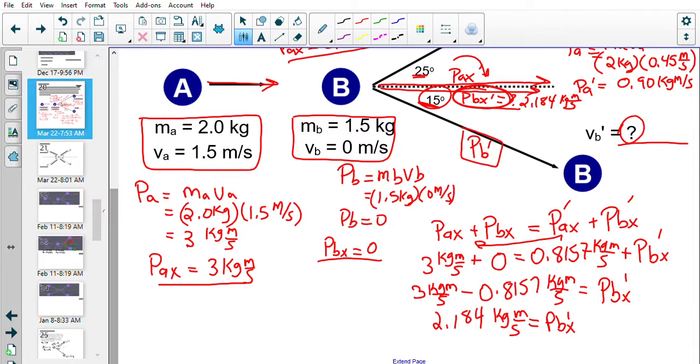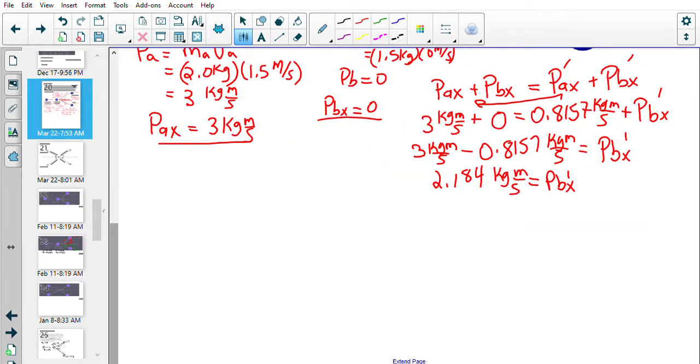If you know one side of the triangle and the angle, we can get the hypotenuse. So if I label it on the other triangle, you now have an x component of 2.184. We know the angle was 15 degrees, and we want to know this hypotenuse, PB prime.